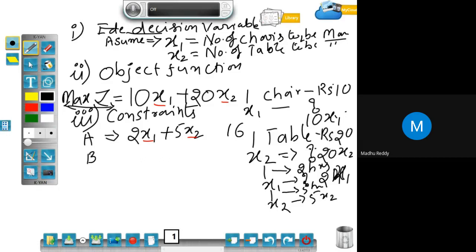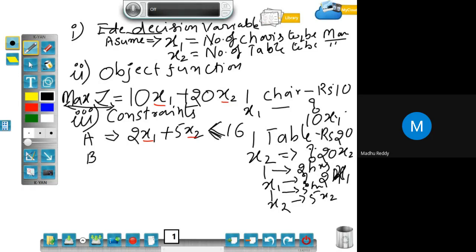So the total number of hours on machine A, 2x1 plus 5x2, must be 16 or lesser. That is the maximum it can work. So 2x1 plus 5x2 less than or equal to 16. It has to work 16 hours or lesser than 16 hours.